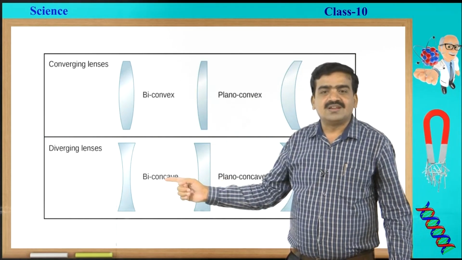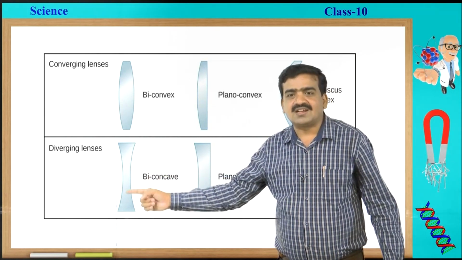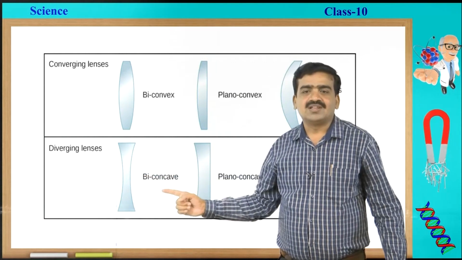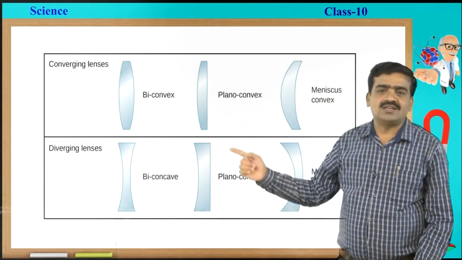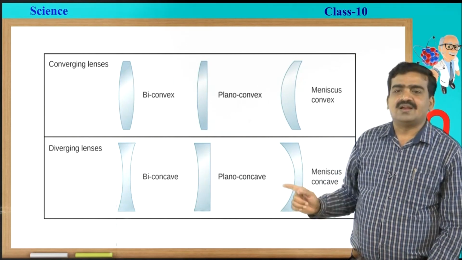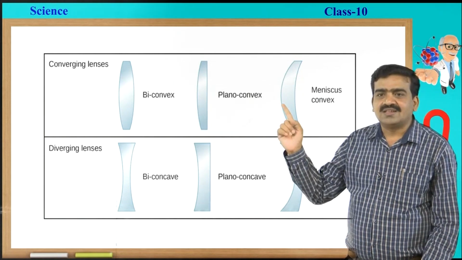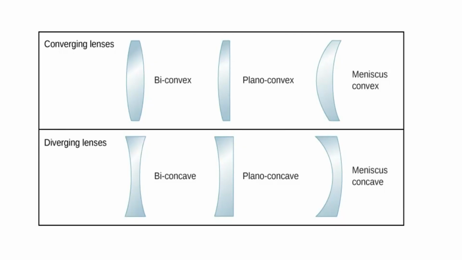In the case of concave or diverging lenses, if two surfaces are curved like this, then it is called a biconcave lens, and if it is like this, it is called plano-concave, and like this, meniscus concave. So, based on the surface, we name the convex as well as concave lenses.